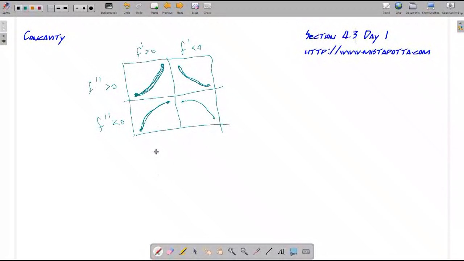And so what I notice is that when my second derivative is positive, my graphs tend to open upwards. So I'm going to be opening like this, or like this, or like this, or like this.